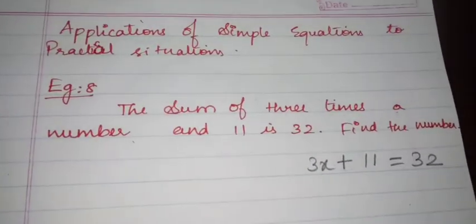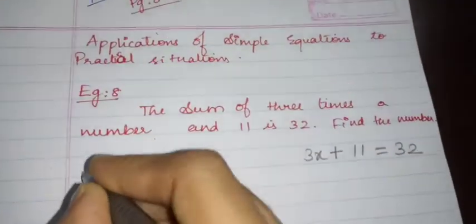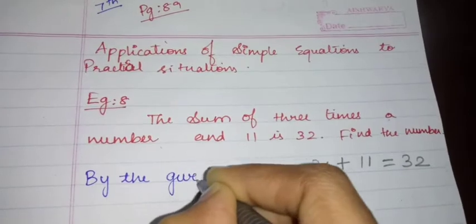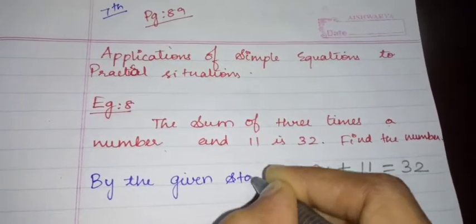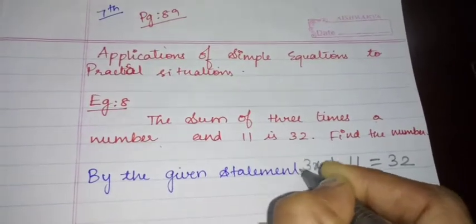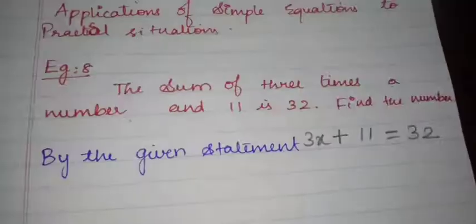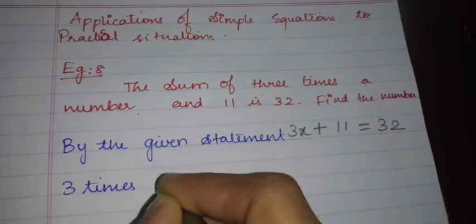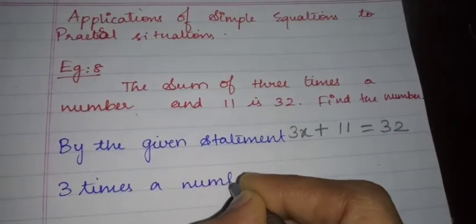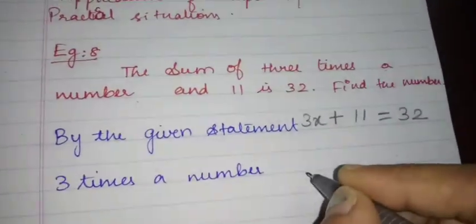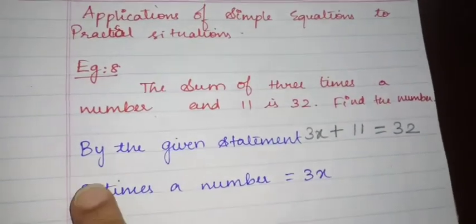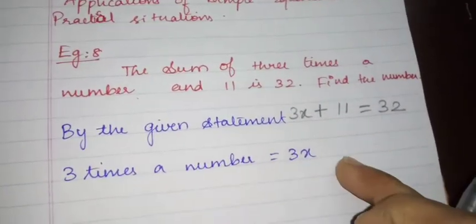So shall we write this now? By the given statement, how will we write 3 times of a number? 3 times a number means how we will write, children? 3 times number means 3x. Okay. 3 times a number means 3x. Correct?